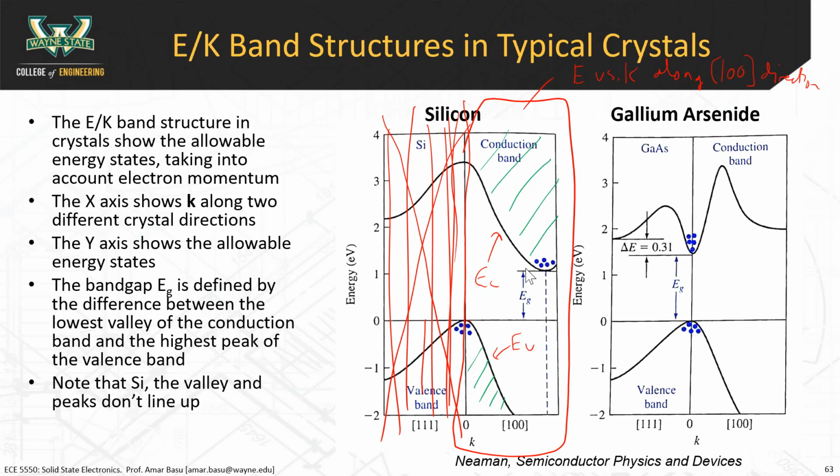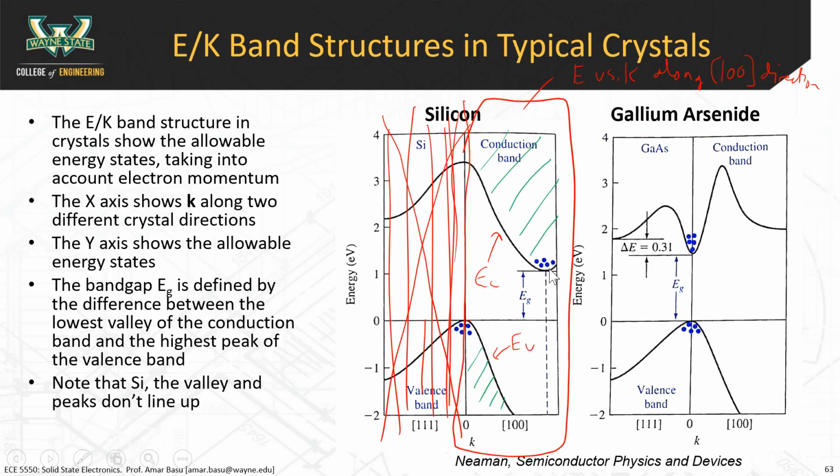Remember when we talked about the Fermi level, below the Fermi level there's a high likelihood that the energy states are full. Above the Fermi level, there's a high likelihood that they're empty. So the farther you go up, the less likely the energy state is to be filled. That's why the diagram shows the electrons near the bottom of the conduction band. And this is showing carriers, holes in the valence band, by the way.